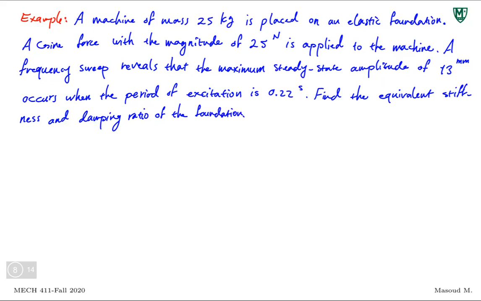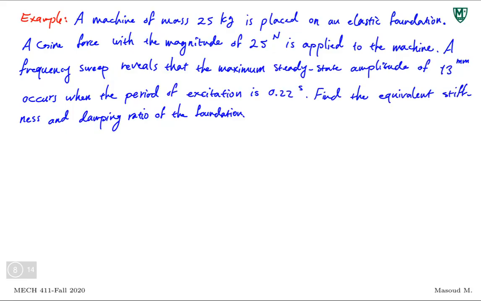So the machine is sitting on some foundation. We do a frequency sweep, and we see that the maximum steady state amplitude is 13 millimeters, and we figure out at which specific time period, which corresponds to a specific frequency, the maximum amplitude occurs.